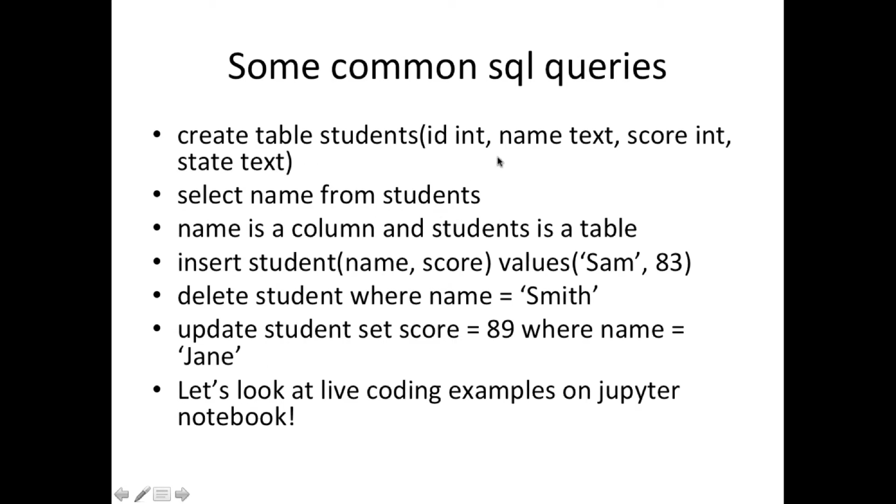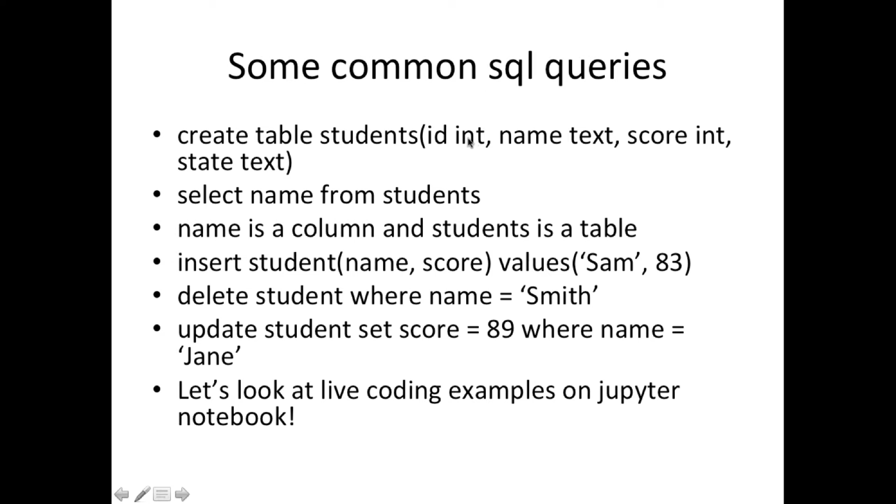Let's see some common SQL queries. So, create table students. This query will create a table called students, and it will have 4 columns, which are ID, name, score, and state.